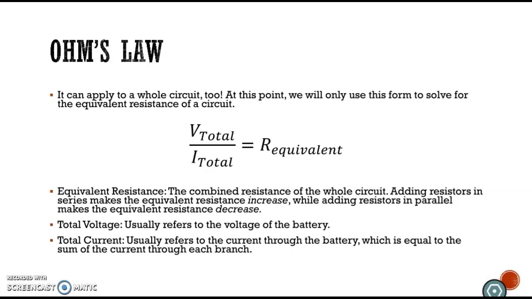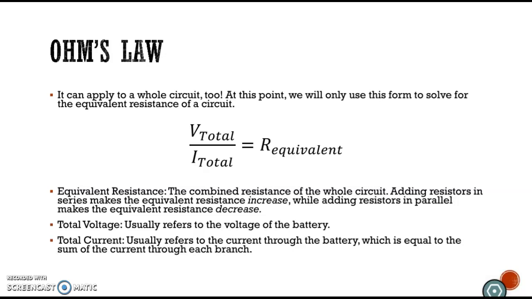Adding resistors in series makes the equivalent resistance increase. If I put resistors next to each other in the circuit, that makes them increase. But remember that if I add resistors in parallel, it's going to make the equivalent resistance decrease, because it's going to make the total current increase.